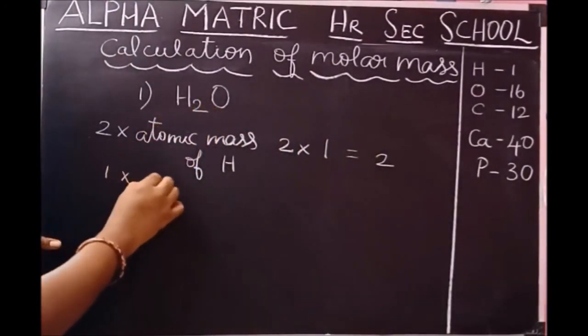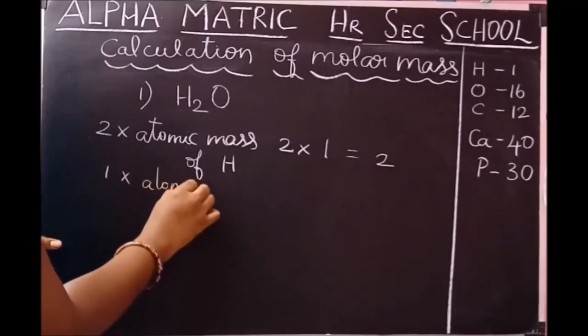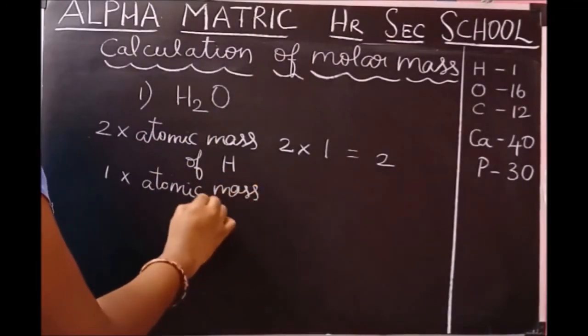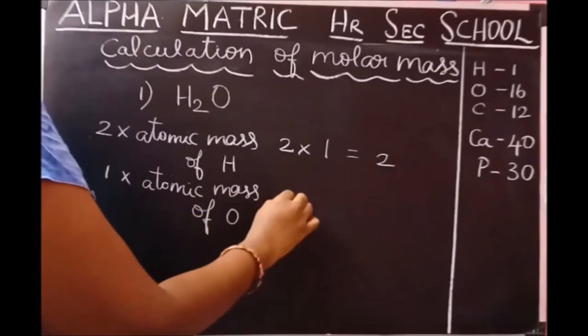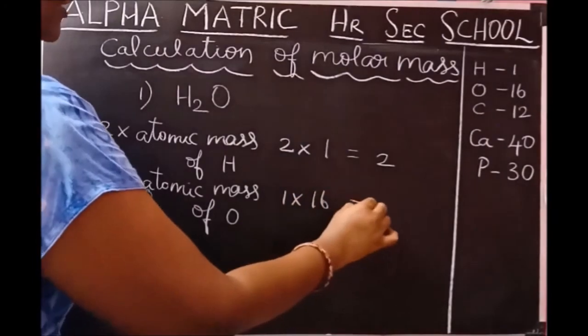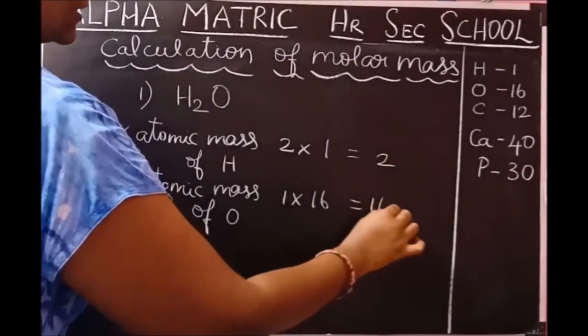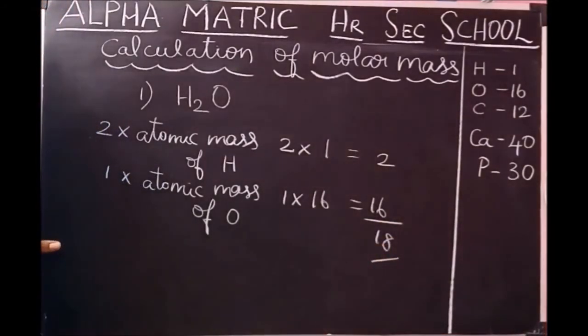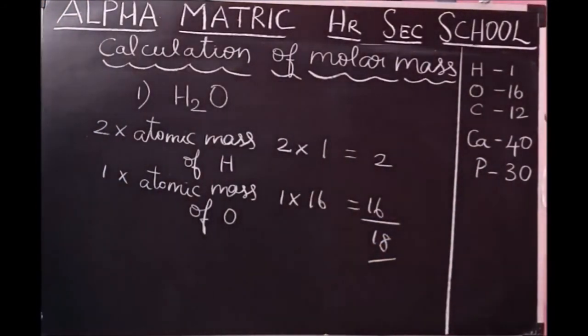So 1 into the atomic mass of oxygen. The atomic mass of oxygen is 16. So 1 into 16, 16. 16 plus 2, 18. 18 is the molar mass of water, H2O.